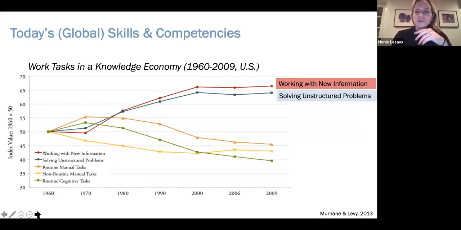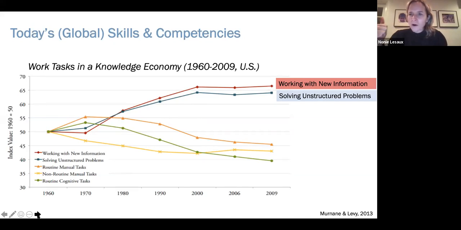So for those of you who like to see things in pictures, you can see here a graph of, say, a 50-year snapshot of the work tasks in the knowledge economy, that as the knowledge economy was evolving and transforming and arriving, you can see those jobs that were fastest growing were those jobs that demanded two primary skill sets.